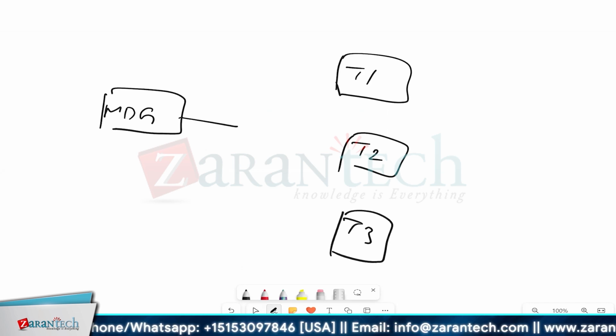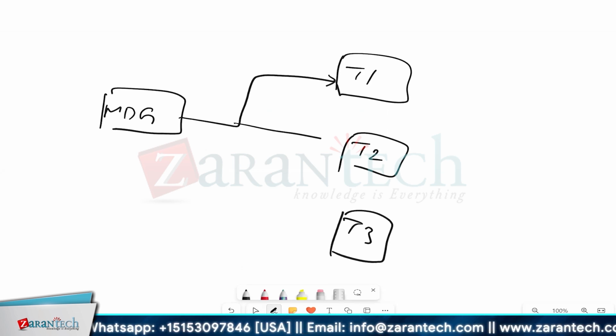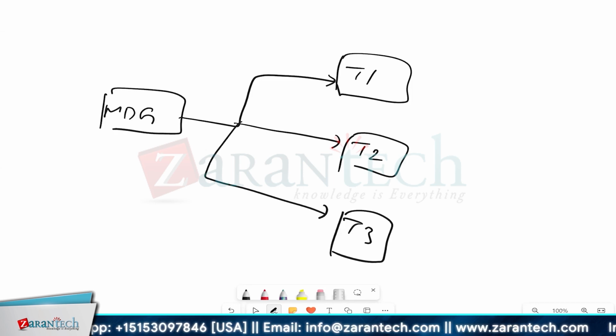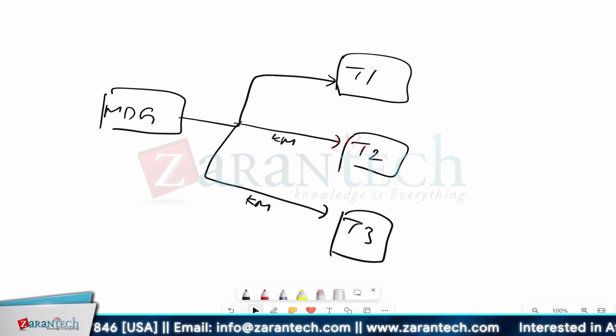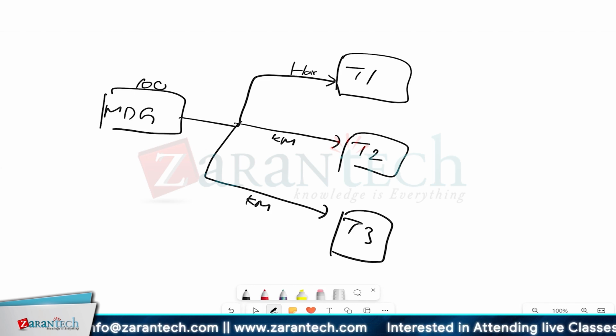It's a best practice. That's what I wanted to explain here. Now I need a key mapping here, and I also want to enable the key mapping between these two. Here, it's a harmonized scenario. That means you create a material 100; the material number is 100 here, here the material number is 200, here the material number is 300.